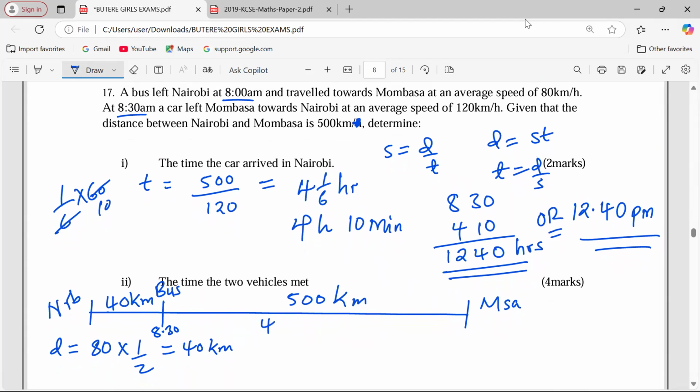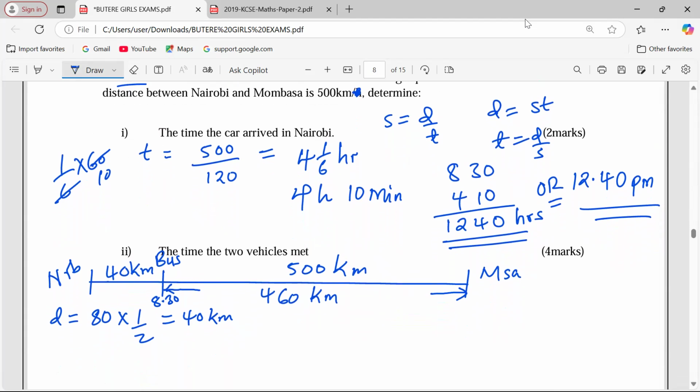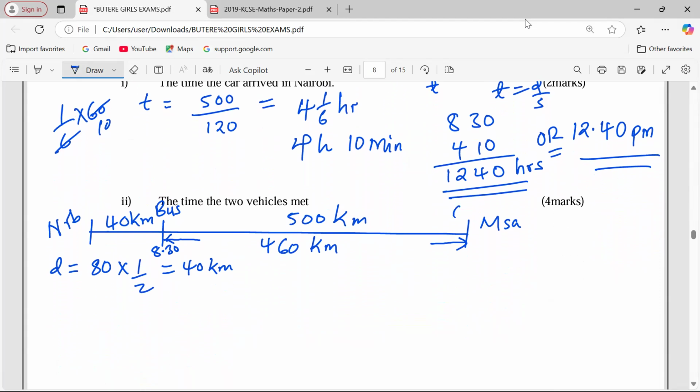So now we have 460 kilometers from Mombasa to the point where the bus is by the time the car is starting. The car is also at Mombasa, and this is at 8:30. So at 8:30, the distance between the two vehicles is 460.